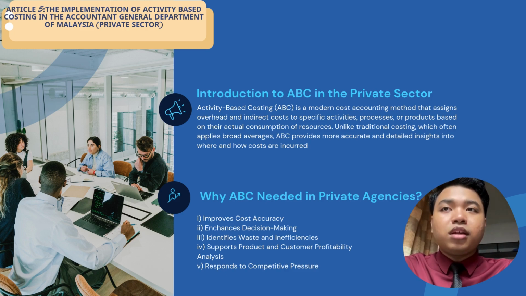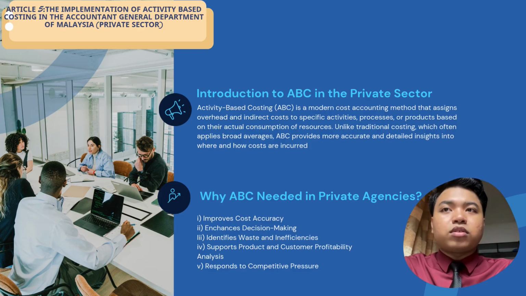Why ABC is needed in private agencies? First, improve cost accuracy. ABC links costs to activities and then to products or services. This helps private companies avoid over or under costing and allows them to set more competitive and profitable prices. Number 2, enhance decision making.